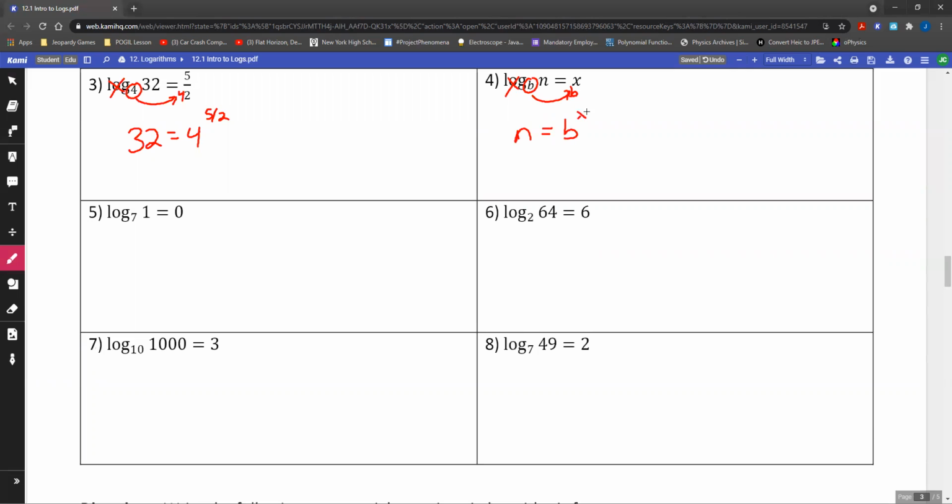It's n equals b to the x. All right. Over to here, take the 7 base, move it over here, drop the log. I'm left with 1 equals 7 to the 0 power. Number 6, take the 2, move it over by the 6, drop the log. Left with 64 equals 2 to the 6th.